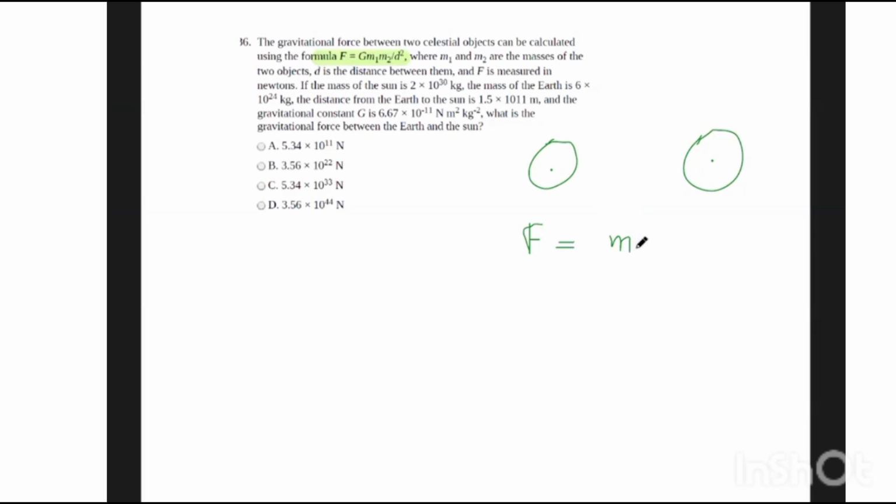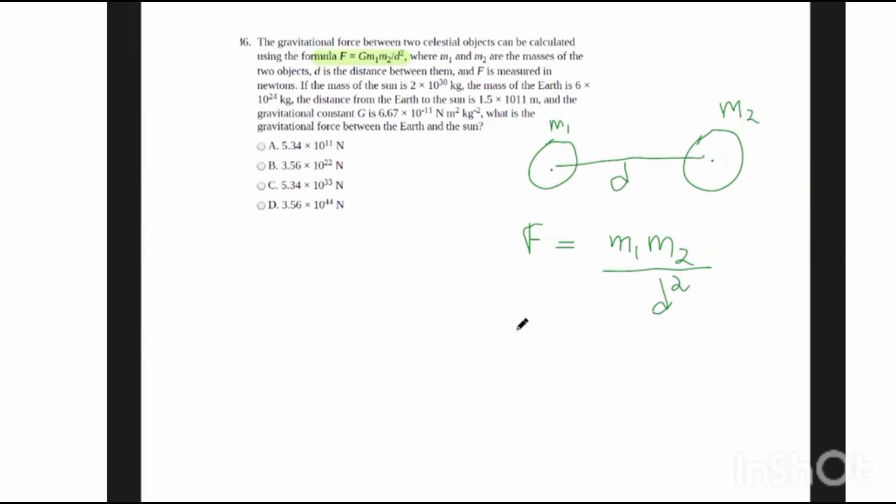product of their masses. Suppose this is M1 and this is M2, and this is the distance between them. So the force will be M1 M2 divided by d squared.